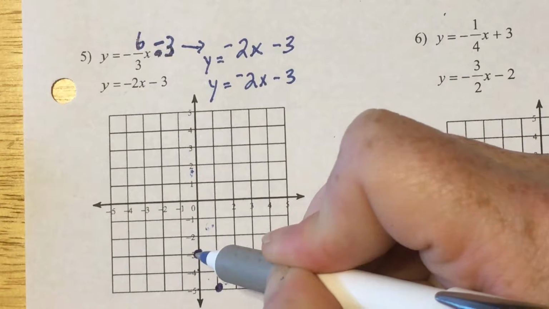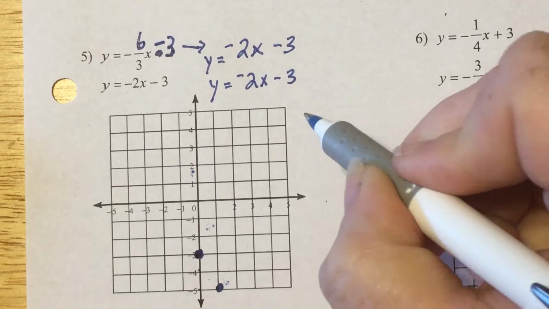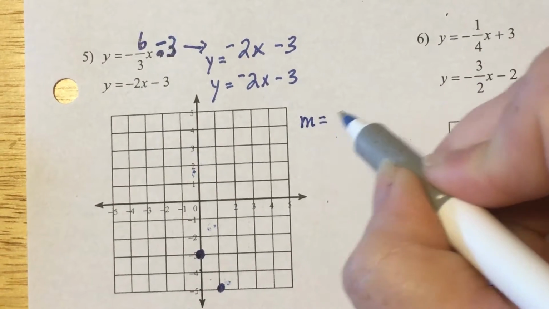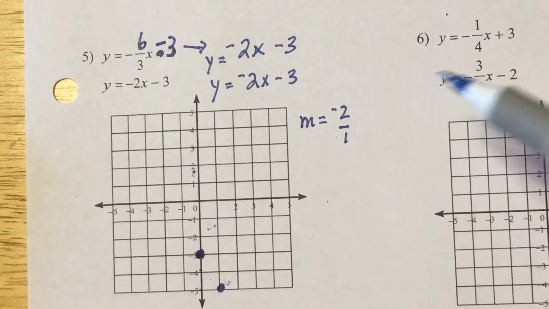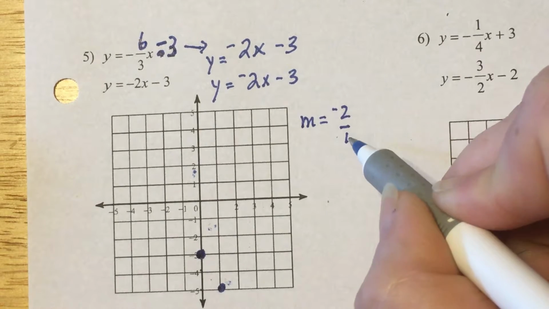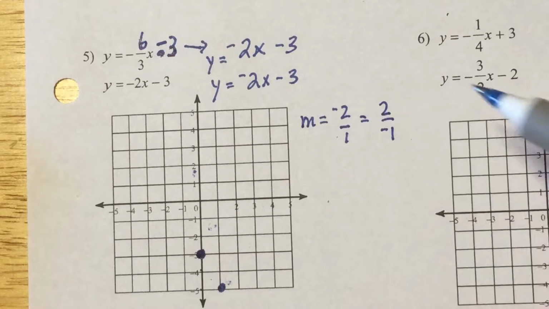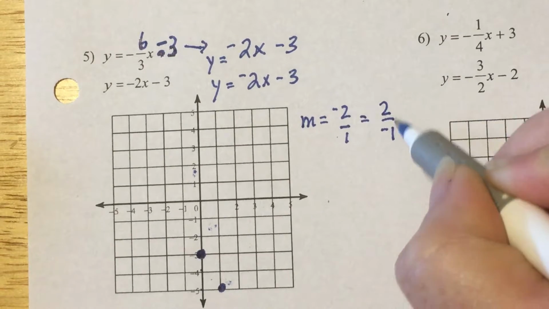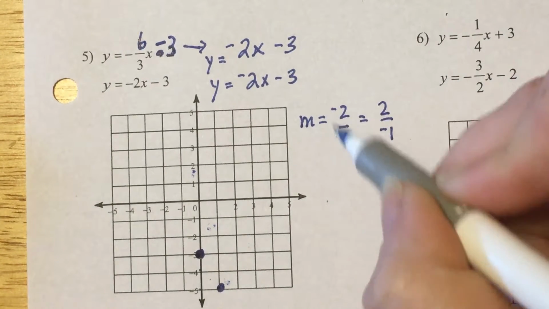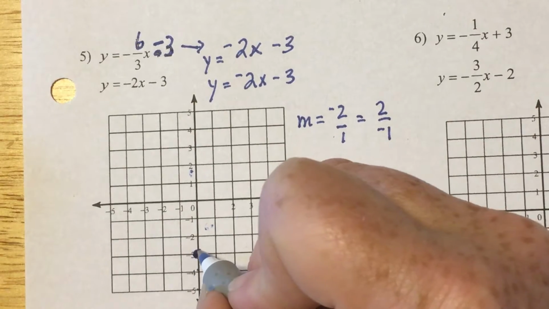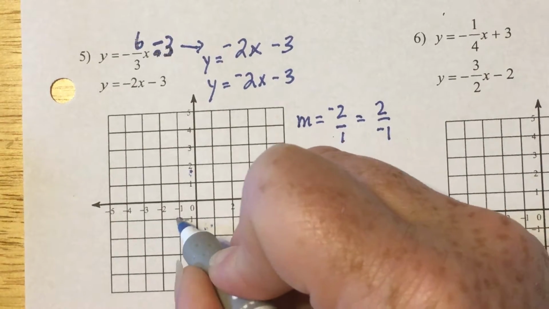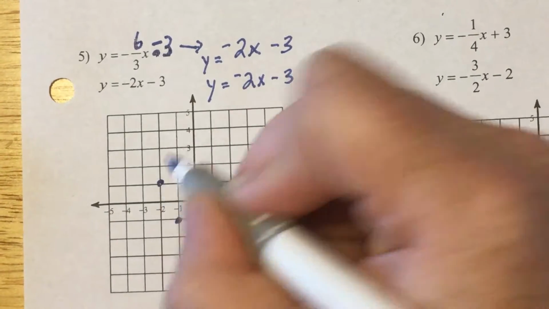So instead of continuing that way, I'm going to do what I call my sister move. Remember, negative 2 over 1 is your slope, so that's down 2, right 1. But positive 2 and a negative 1, where you'd go up 2, left 1, both of them divide to the same value. So this is a legal move. So you can go up 2, left 1, up 2, left 1.